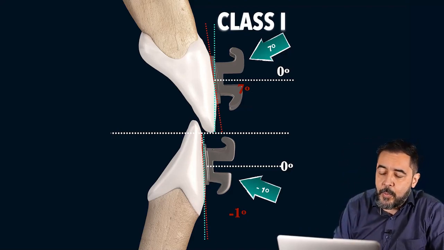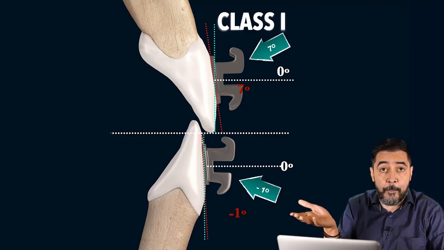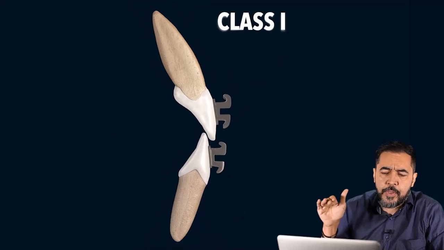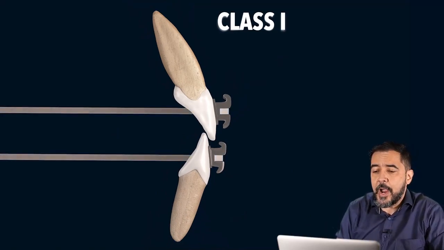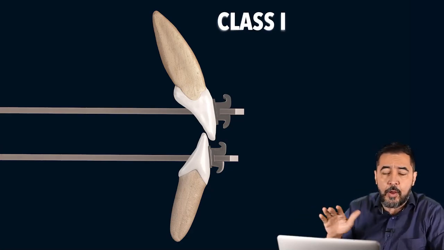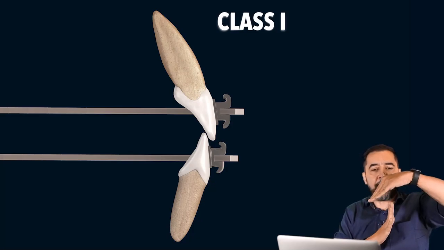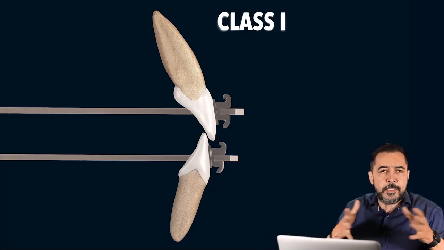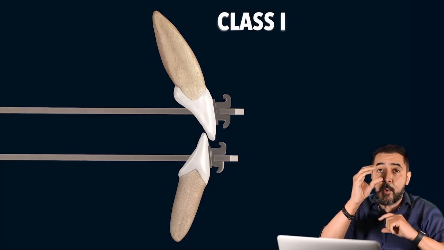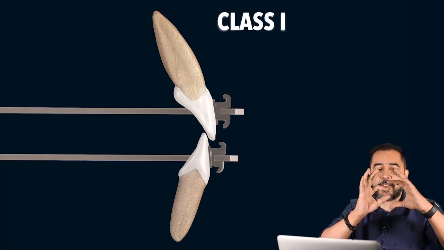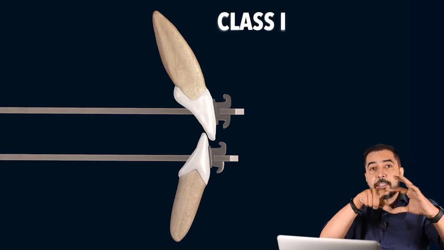So this is what's going on here in a class 1 situation. In a class 1 situation with good inclinations, if we don't apply any torsion to our arch wire, it will be okay in most of the cases, because the average inclination of incisors in a class 1 is the same or almost the same, and we have play inside the slot, between the thickness of the bracket, the thickness of our arch wire, and the space inside the bracket.